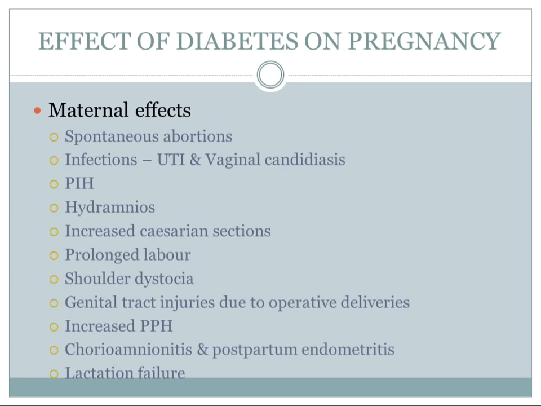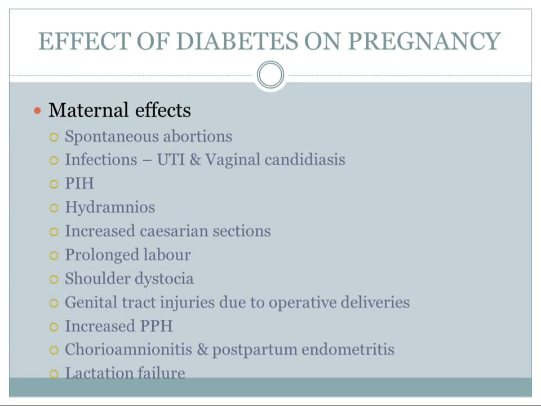Here, what happens is the head is delivered, but then the shoulders get stuck because the bisacromial diameter is more. The shoulders are quite wide in this fetus. Why this occurs is because of the increased weight of the fetus. See, diabetic patients are known to have overweight babies. Why is this baby's size large?